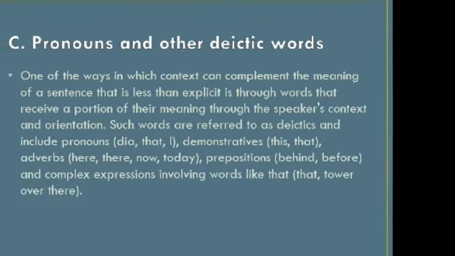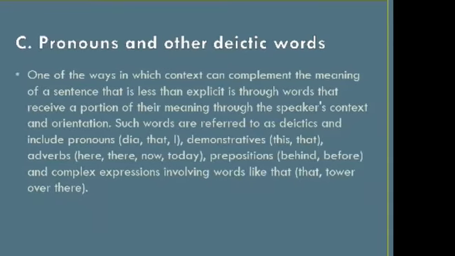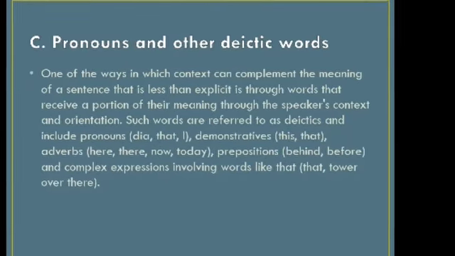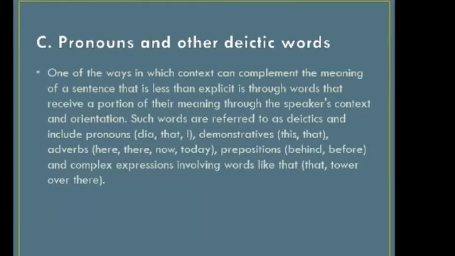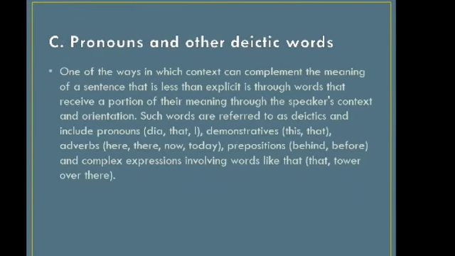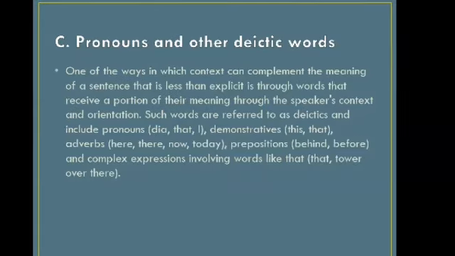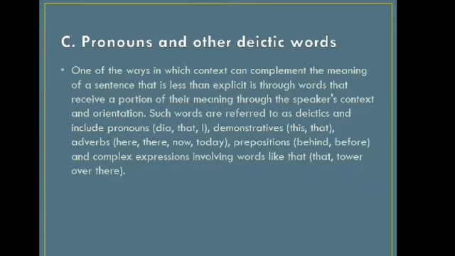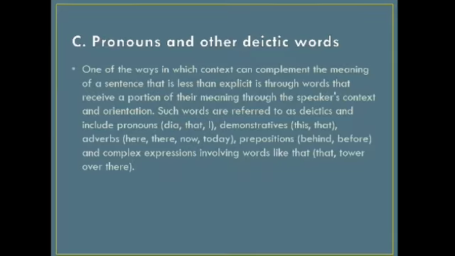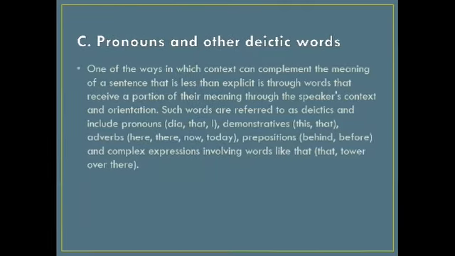Such words are referred to as deictics and include pronouns: I, you; demonstratives: this, that; adverbs: here, there, now, today; prepositions: behind, before; and complex expressions involving words like that tower over there.